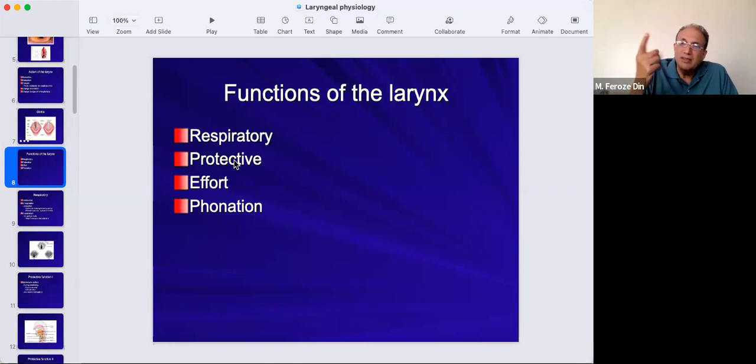There are three sphincters: vocal fold, vestibular fold, and the aryepiglottic folds. All of them close and thereby protect the lower respiratory tract. In fact, that is the raison d'être of the larynx. The sphincteric closure of the larynx protects the lower respiratory tract.